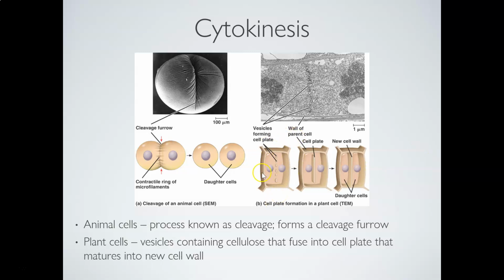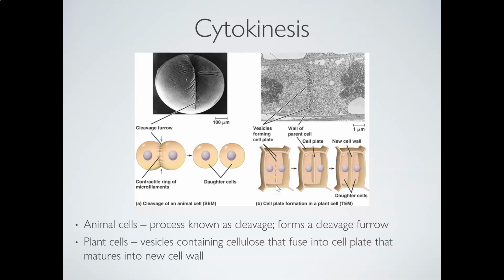That original cell wall that was in place is pretty rigid. So what your cells will do instead is, as they sort of elongate and push the cell as much as they can, they do create a plate here, or a space, I should say, here in the middle, where we'll get these little vesicles that'll form and line up and eventually fuse together.